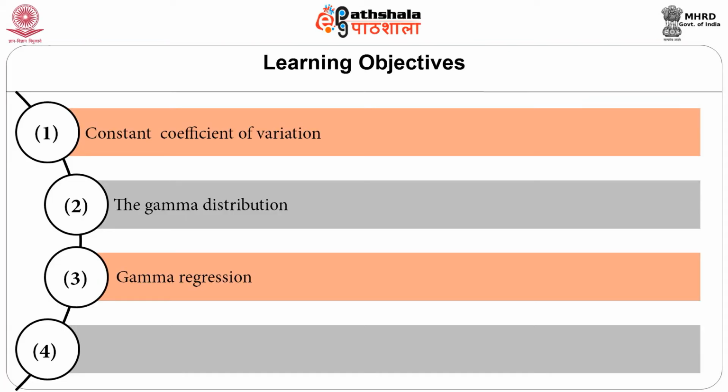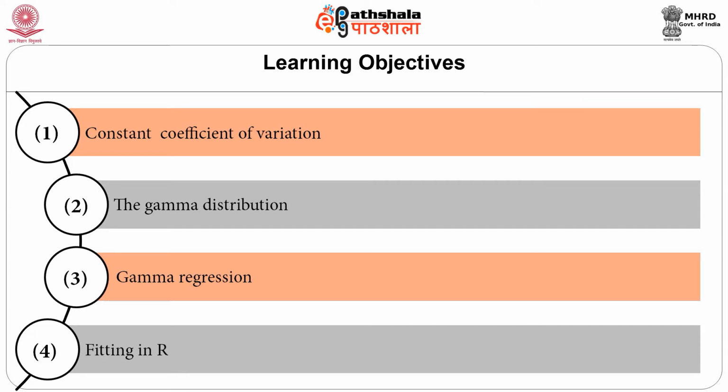However, it might be reasonable to assume that once standardized by the mean, the coefficient of variation for these individuals will be constant. In this module, we shall look at regression techniques for the case where we have constant coefficient of variation. Learning objectives for this module.